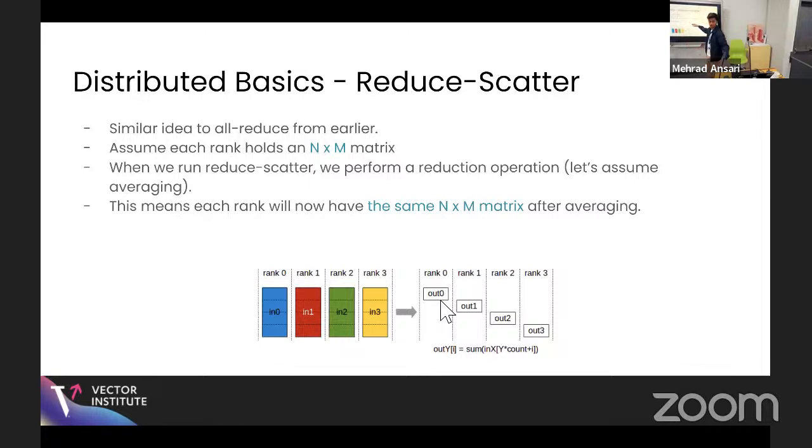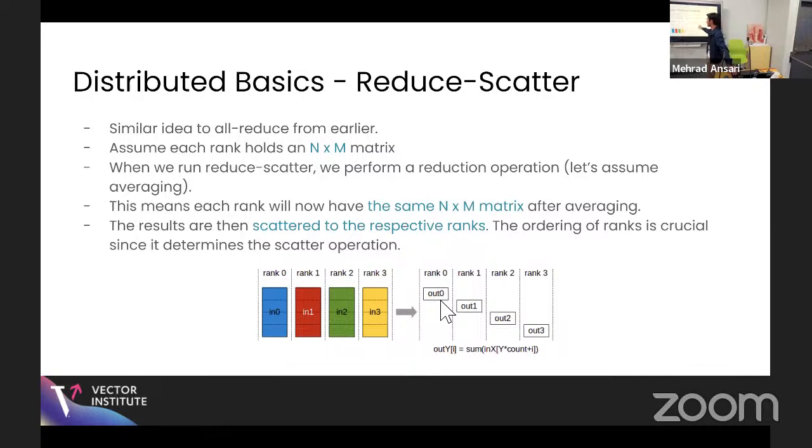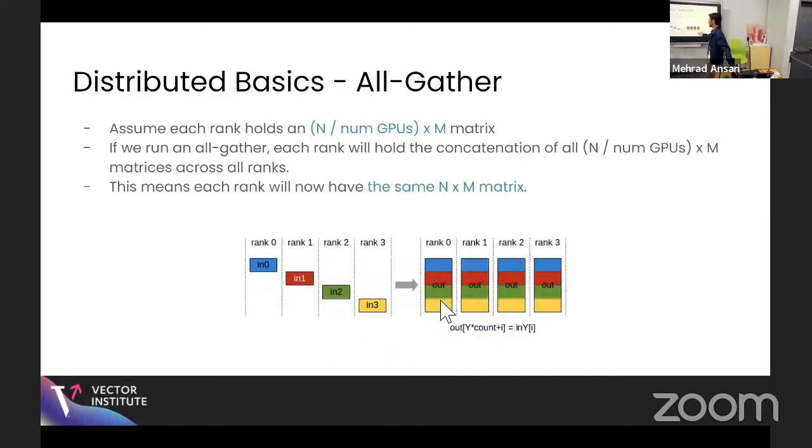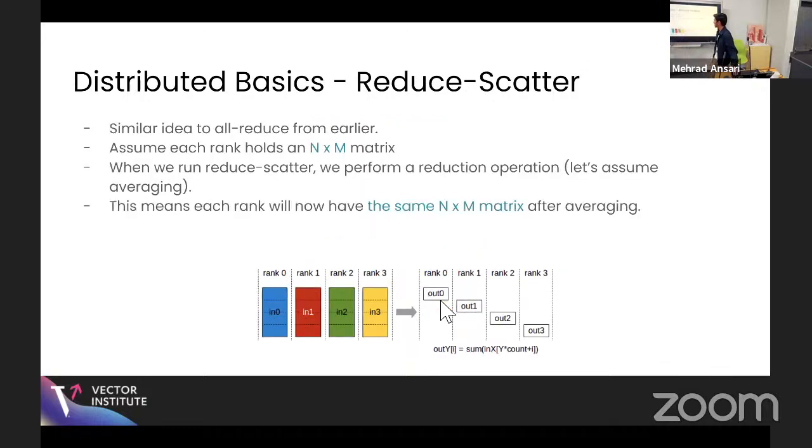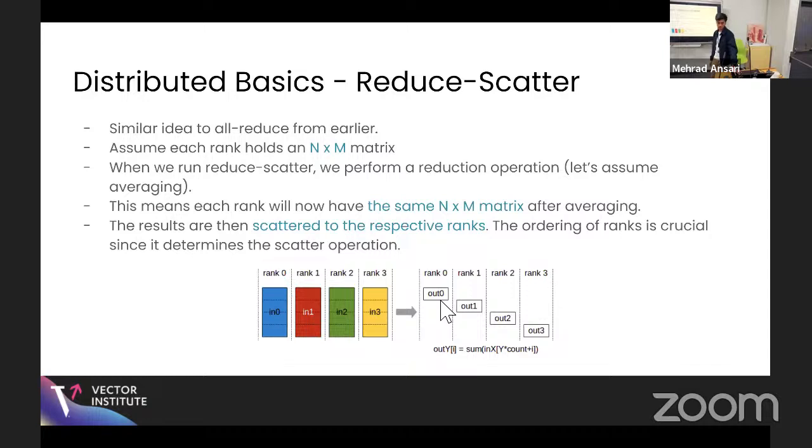But the scatter operation essentially scatters the final reduced matrix to the respective ranks. So you can think of it as running an all reduce and the inverse of the all gather, so you're going backwards. You have the reduced matrix, but you scatter it to the respective ranks again. And that's essentially the 3 operations that are key to understanding how FSDP works.